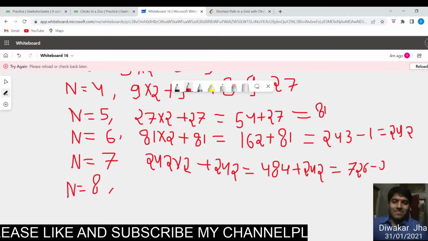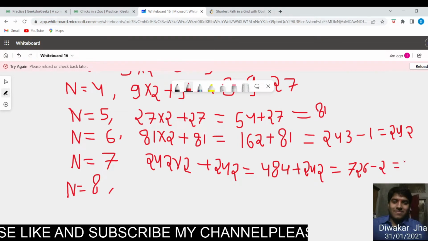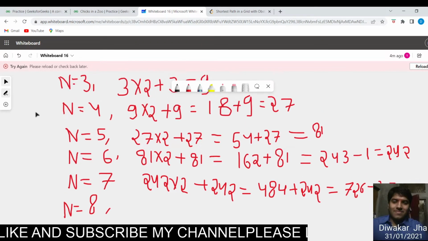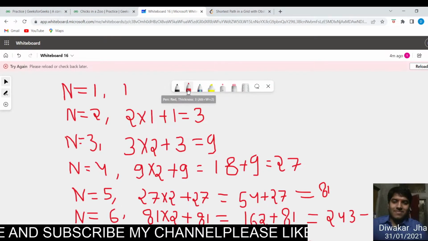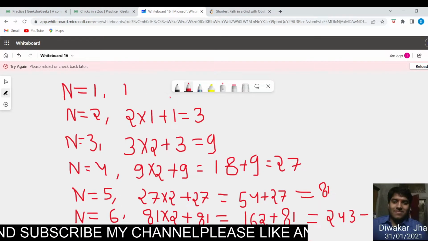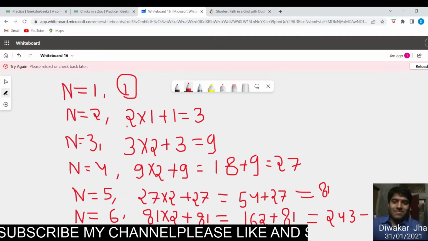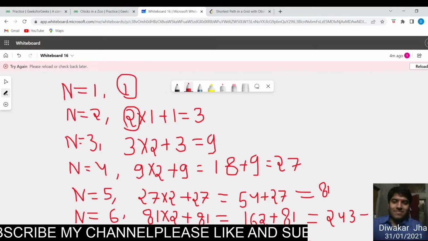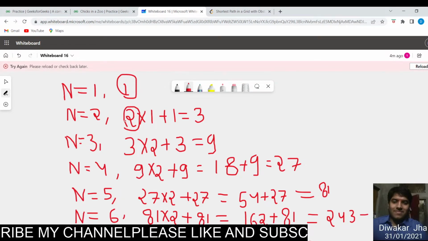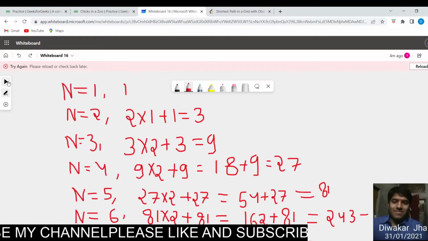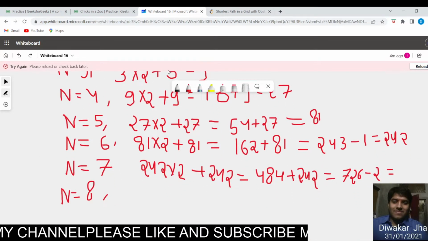I hope you all understood why we are subtracting the two. Because the previous chick one will produce two more chicks, that's why we will simply erase that two chicks. I hope you all understood.